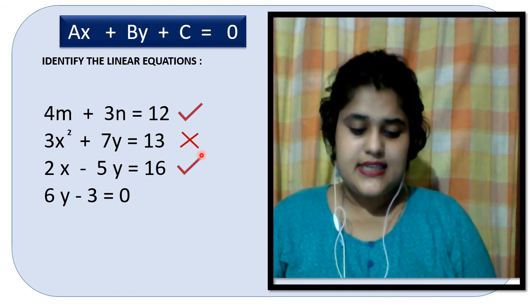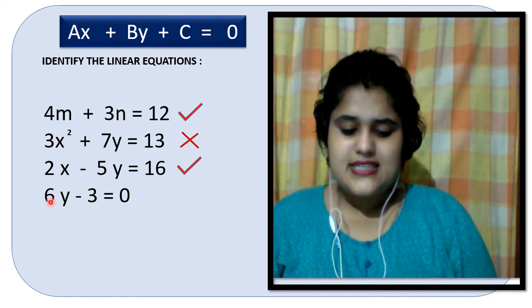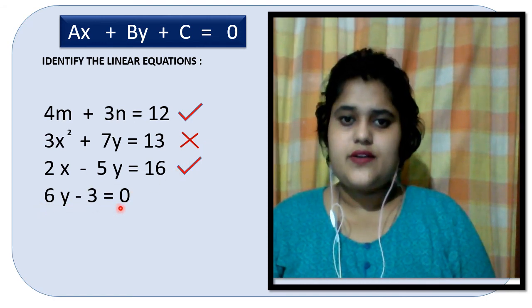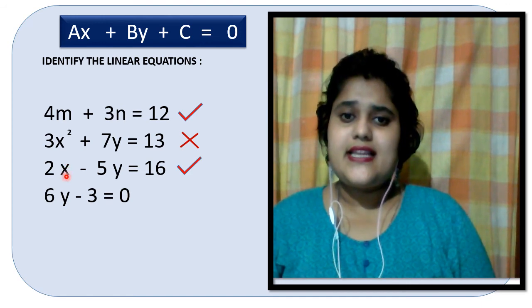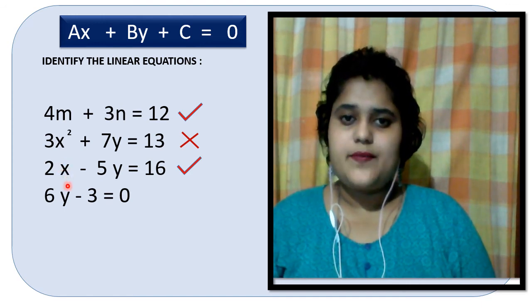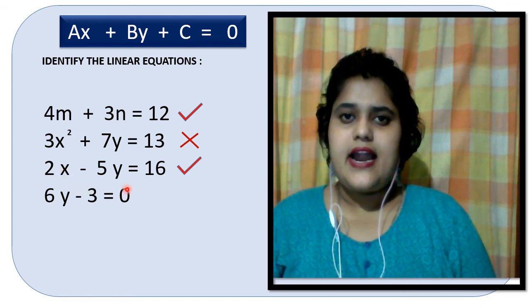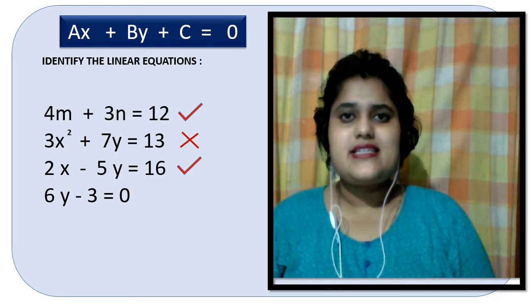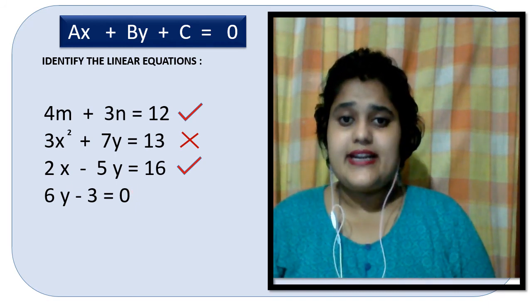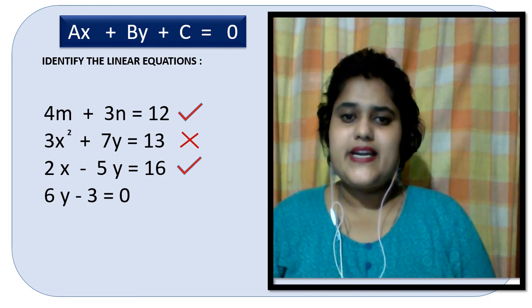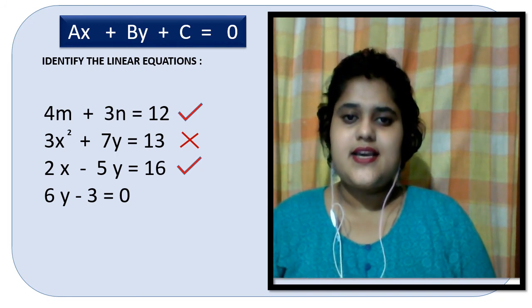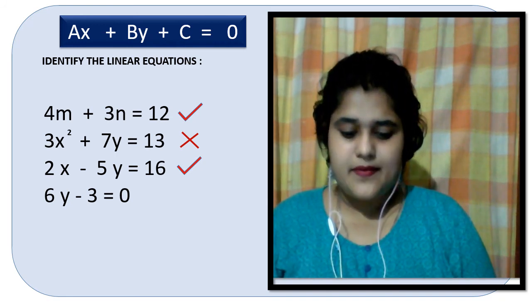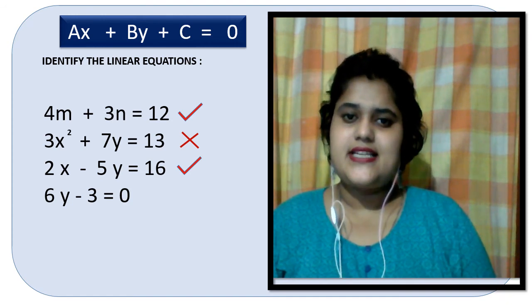Now let us see the next example, that is 6y minus 3 is equal to 0. See here, one variable is missing, that is x, and there is no number for x, but still it is a linear equation, as we can take it as 0x. 0x plus 6y minus 3 is equal to 0.